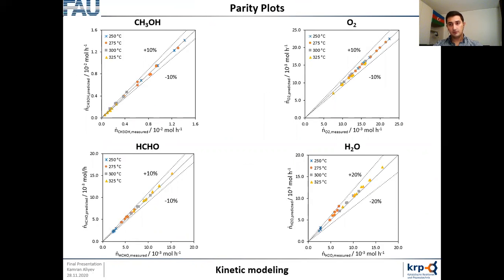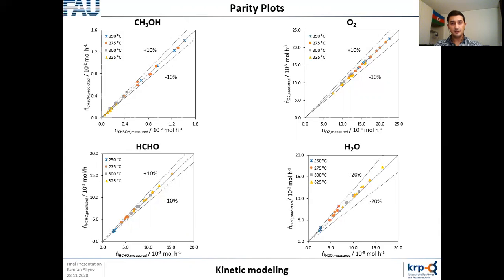Finally, after parameter estimation, the results are viewed by construction of parity plots, where the measured molar fluxes of components are plotted against the predicted molar fluxes of the components.